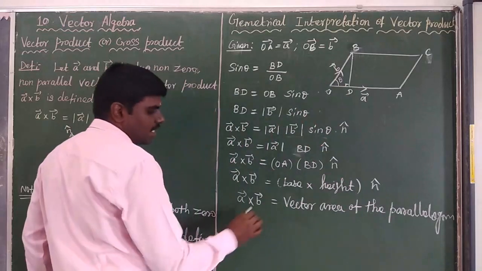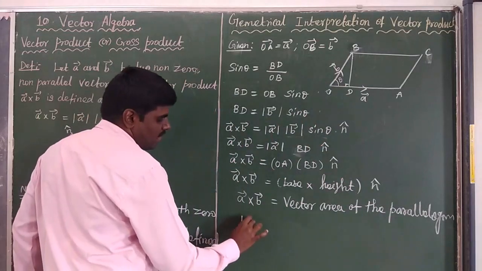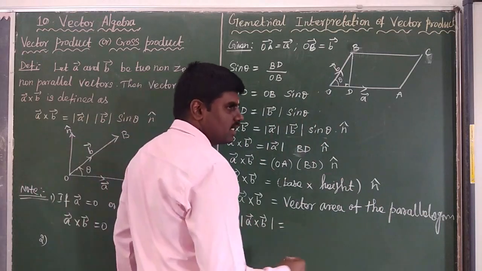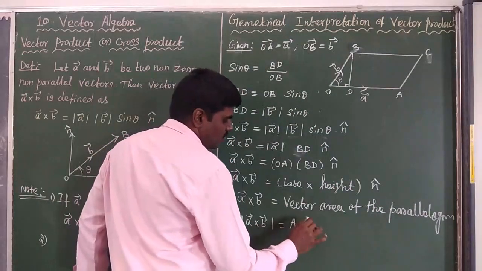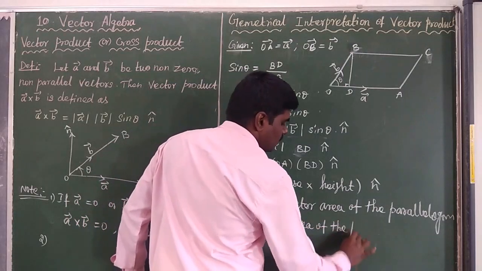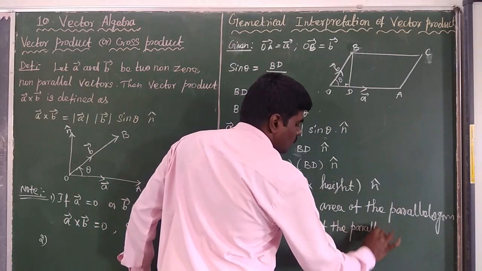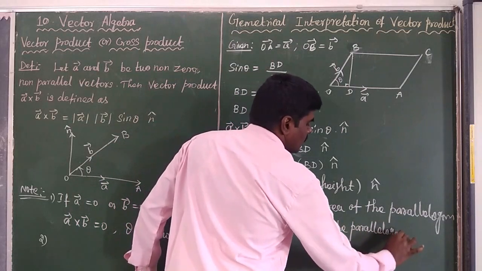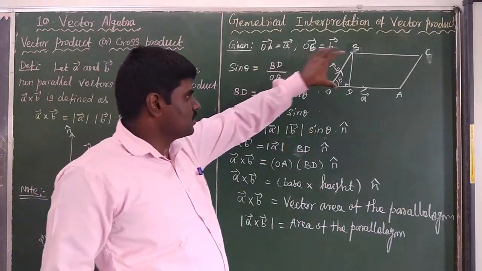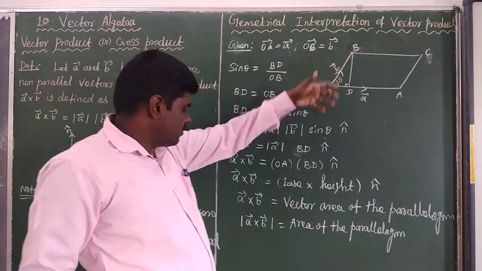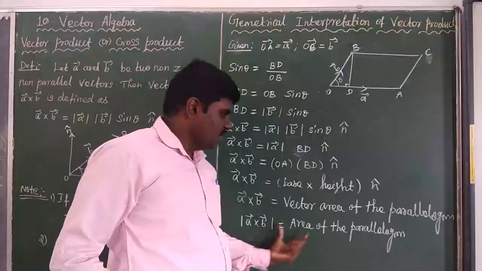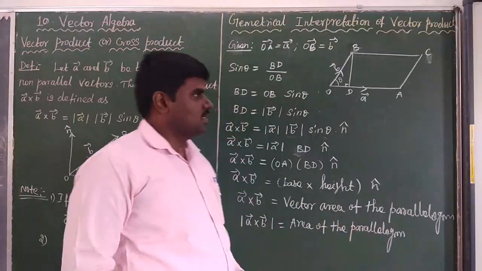So let's take the modulus, that is, take the magnitude. The magnitude of A vector cross B vector is equal to the area of the parallelogram. That's one formula. This is the geometrical interpretation. Just to simplify, the magnitude of A vector cross B vector is equal to the area of the parallelogram. We get some ideas.